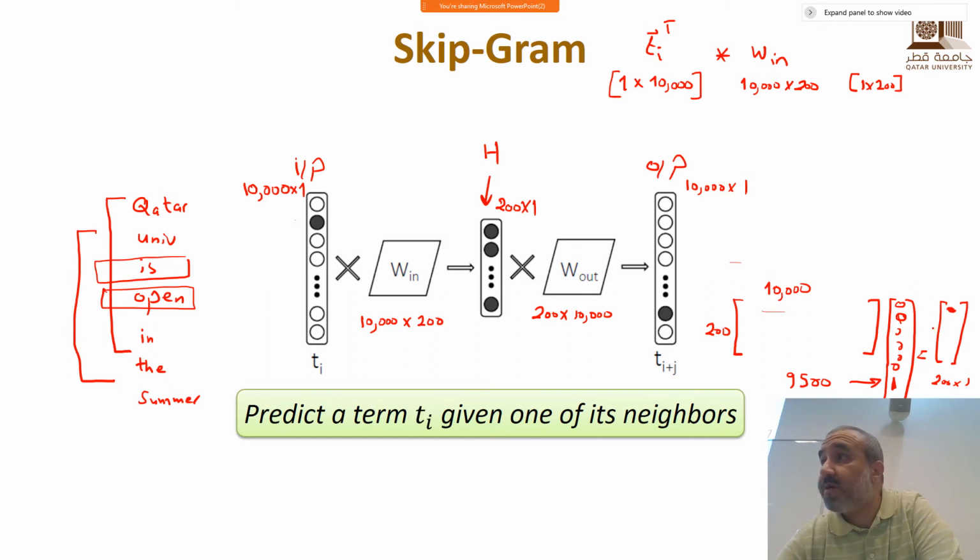How do we compute it? We multiply this row by this vector. What will we get? We know that this is 9,500, so the value in column 9,500 will be this. How about the second one? The one in 9,500 next row, and then this one, and then this one, and so on.